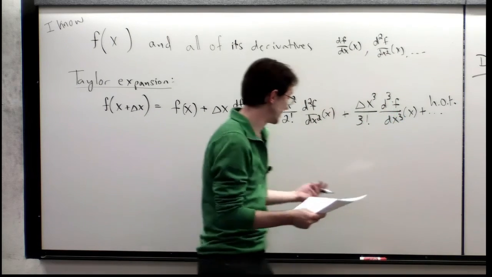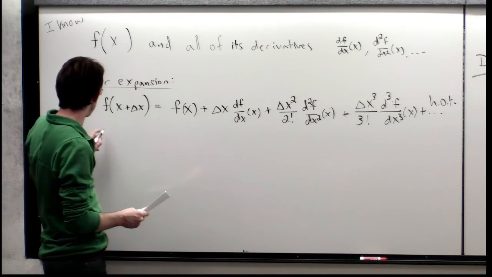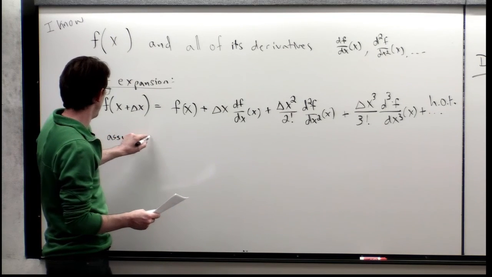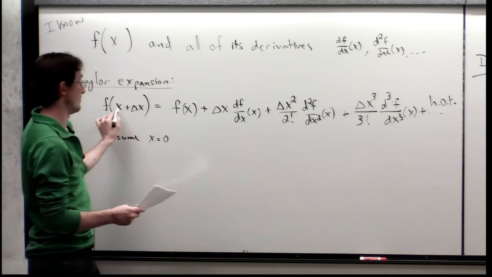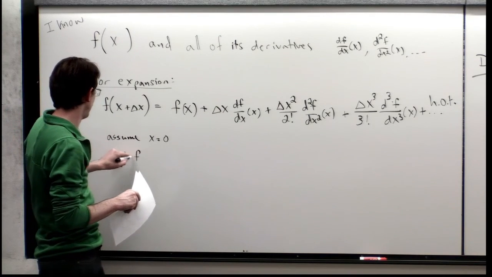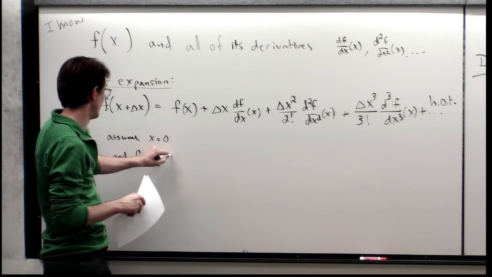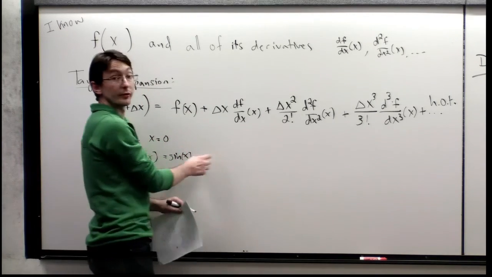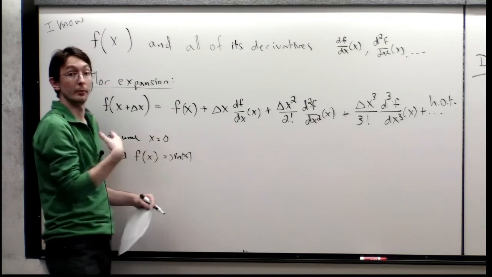Try it out on some examples. Assume x equals 0. That's the base point that we're expanding about, and f of x equals sine x. Try to compute the Taylor expansion for sine x about the point 0.